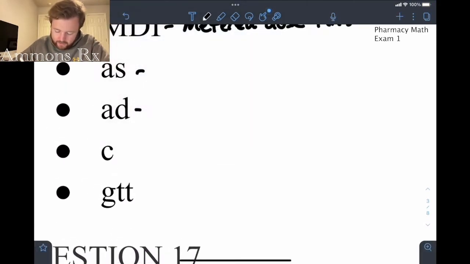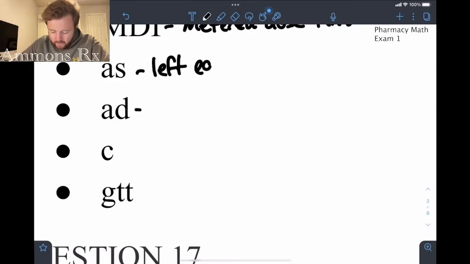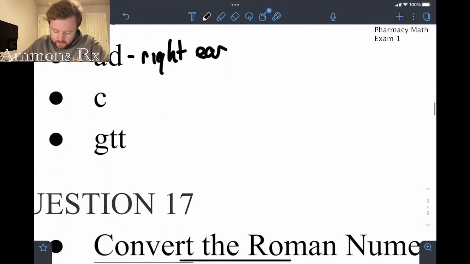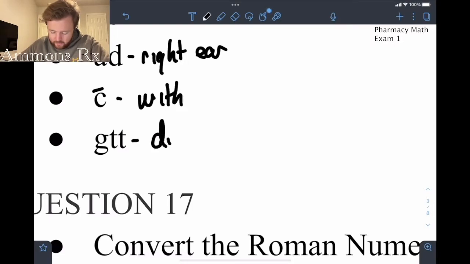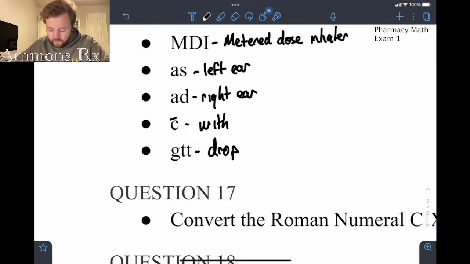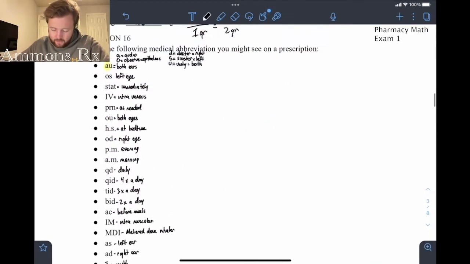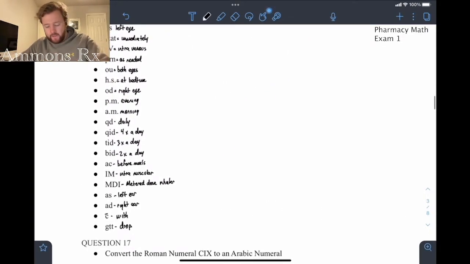AS, like I said, auditory or audio, that's left ear. AD, audio right, so that's right ear. C, sometimes it has a line over it, that's with. GTT, that is drop. There you go. Those are all the abbreviations that are going to be on that unit.